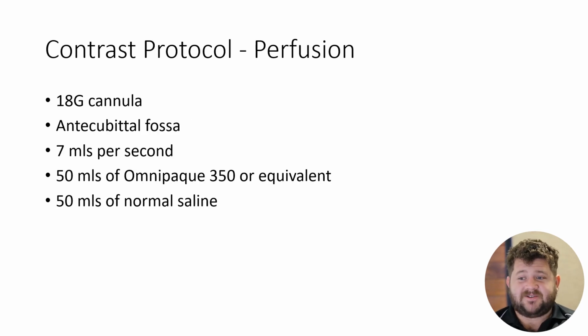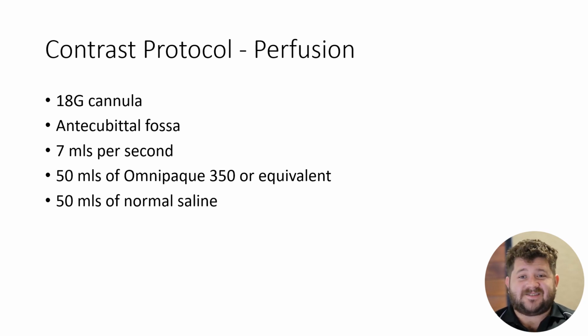Next, let's look at our contrast protocol for our perfusion scanning. We go pretty quick in our injection on our perfusion scans. Due to that, we actually need an 18 gauge cannula, normally in the ACF, and that's required for all perfusion imaging. If the patient doesn't have an 18 gauge cannula, we can't actually perform our perfusion scans.